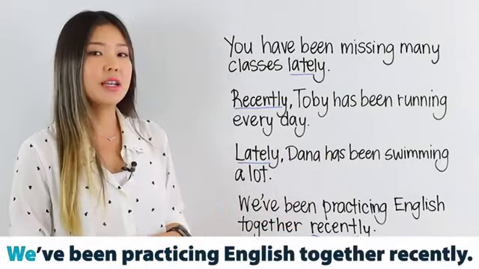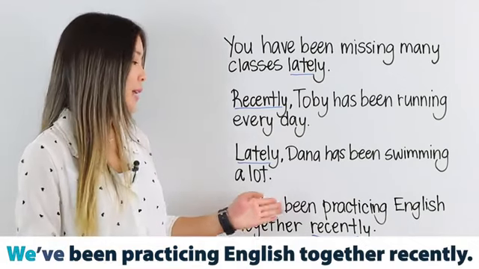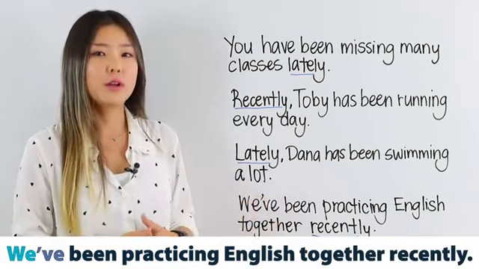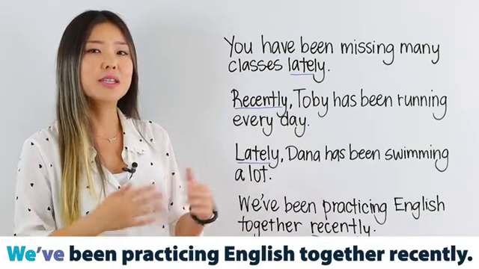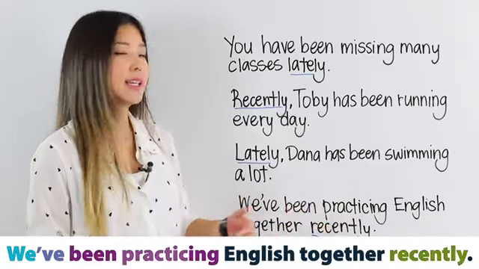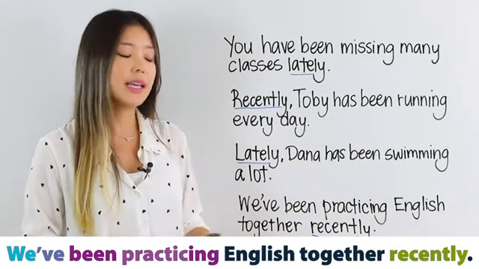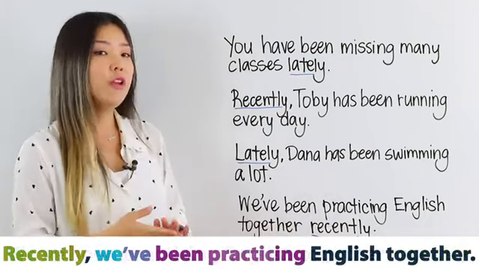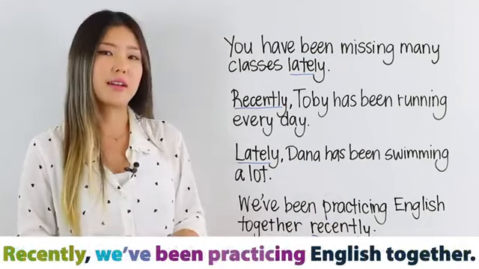We is the subject of this sentence, and so we use have. Here, we use the contraction we've. We have becomes we've. We've been practicing English together recently. We can put recently at the end, or we can say recently, we've been practicing English together.